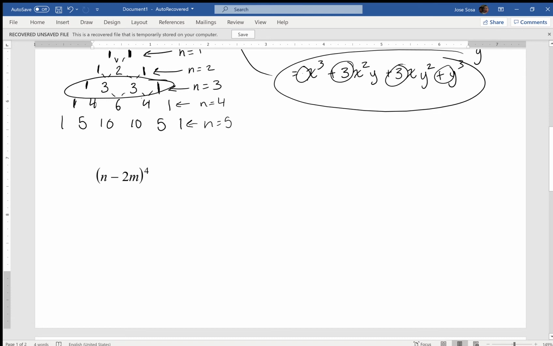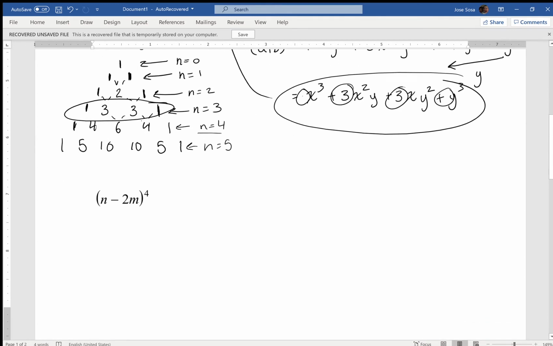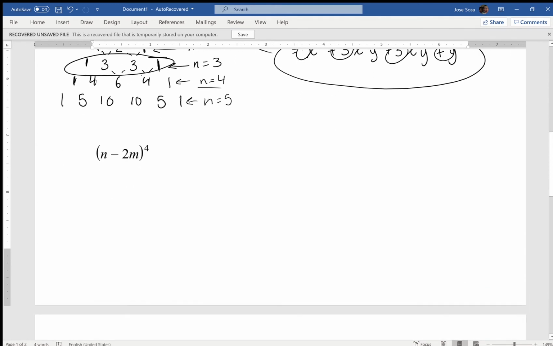Because we already have this row for n equals 4, and our exponent for this binomial is 4. So great, how can we use this to expand? Just like last time, what I did was I put the coefficients first.